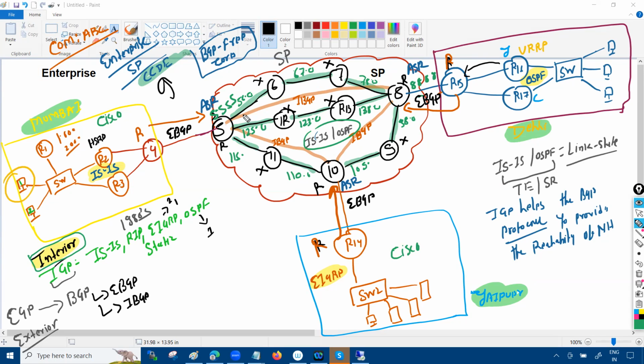You may have a question: can I provide the reachability with the help of the BGP protocol, instead of running IS-IS and OSPF?